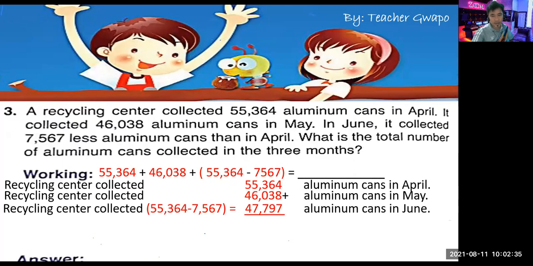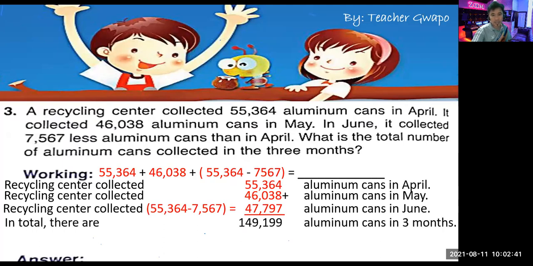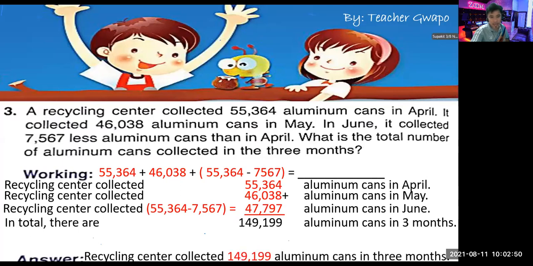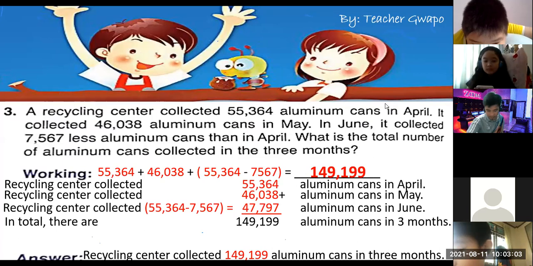So therefore, because we're looking for the total of these 3 months, in total, it collected 149,199 aluminum cans in 3 months. So the answer here is the recycling center collected 149,199 aluminum cans in 3 months. So that's it for question number 3.